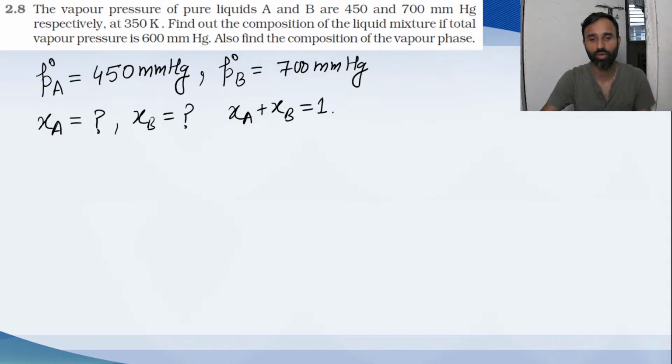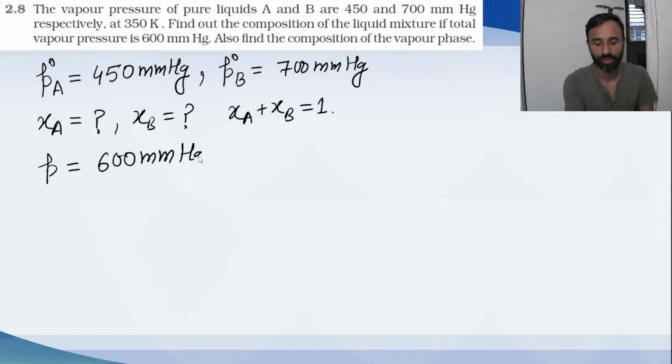Okay. So now total vapor pressure is given to you. Total vapor pressure is 600 mm Hg. Now total pressure is given, P naught A is given, P naught B is given. From these values, we can calculate XA and XB.